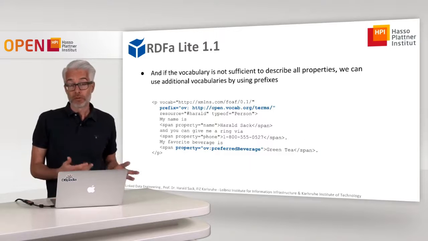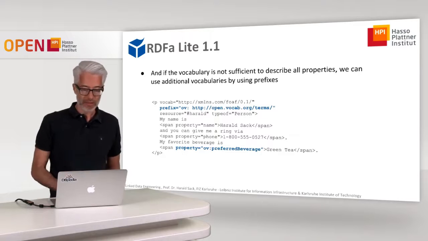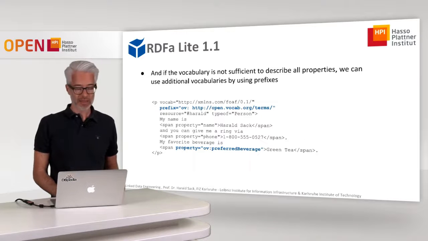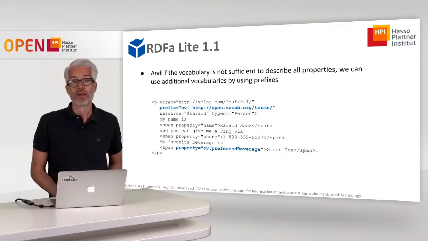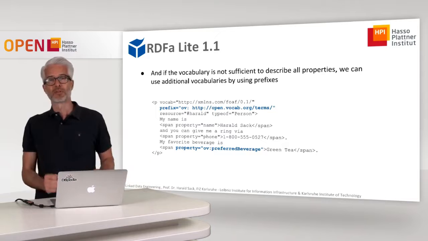Like you are used to in Turtle, you can define a prefix to define another namespace. Here again, I use it as another attribute within my paragraph tag. Right in the beginning, I define a prefix OV, which stands for openvocabulary.org/terms.